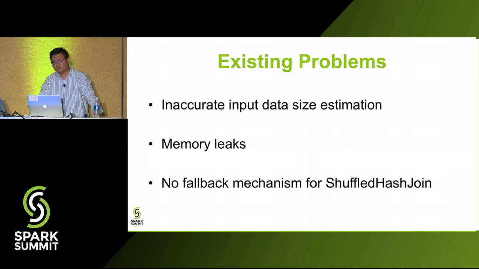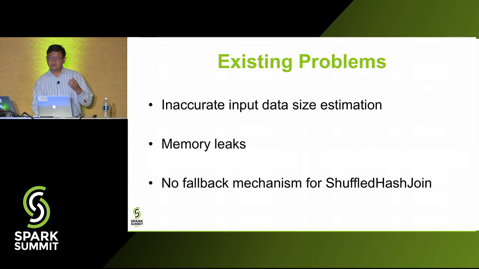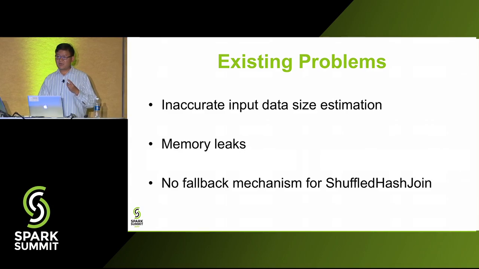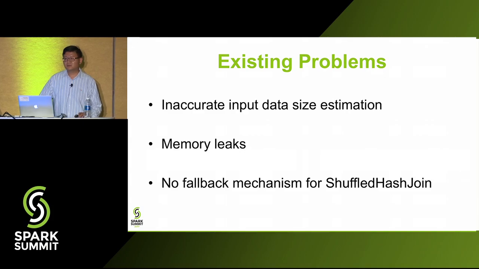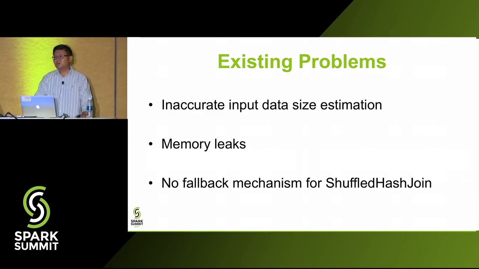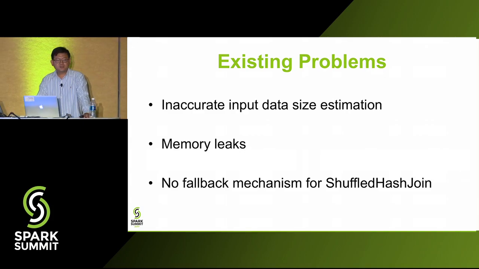But it doesn't work out of the box for our pipeline. The first issue is the statistics estimation in the current upstream Spark, which estimates the size based on the whole table. In Facebook, we have pipelines that are daily jobs.